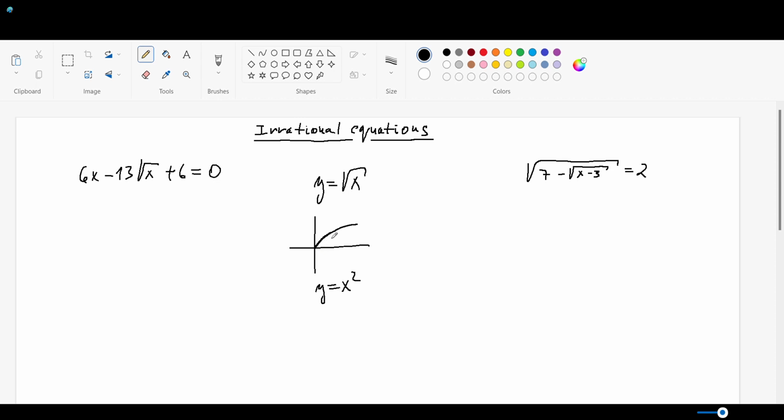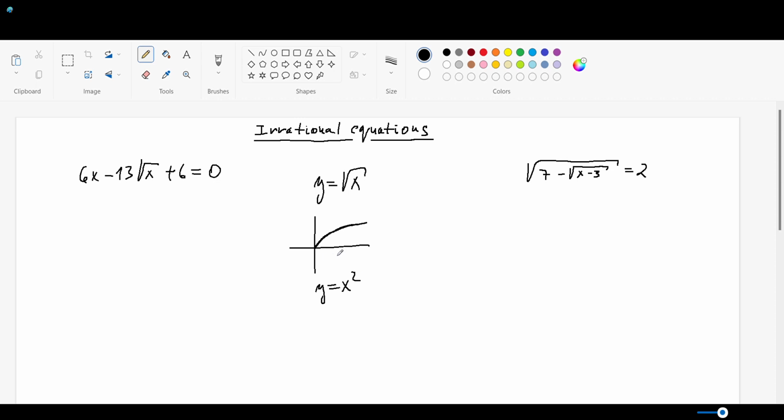That's why this curve occurs here, because it's part of the parabola, but reflected with respect to the line y equals x.